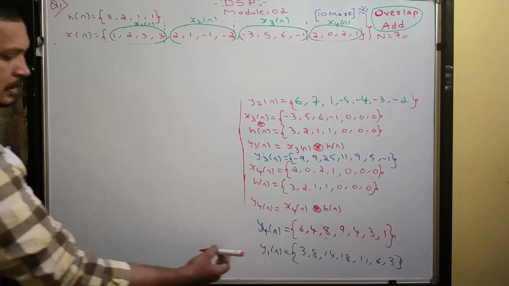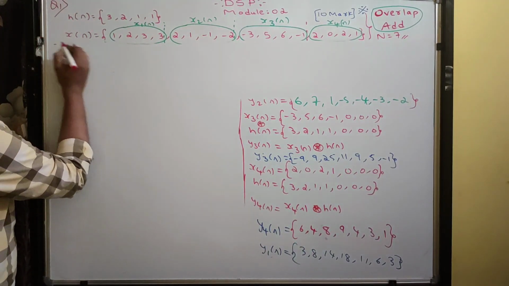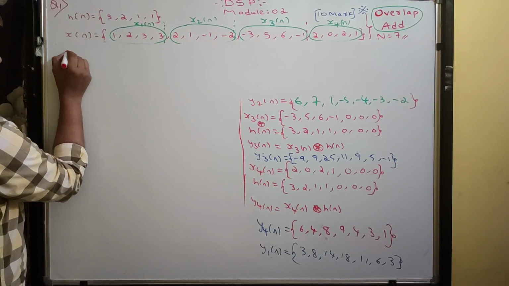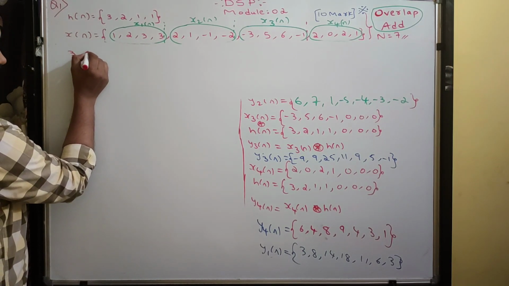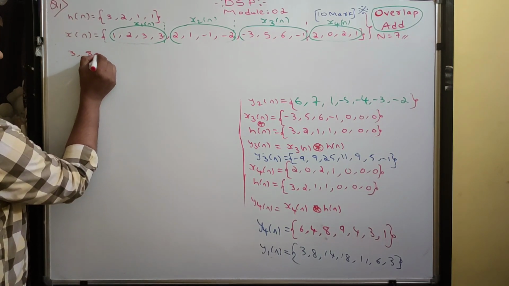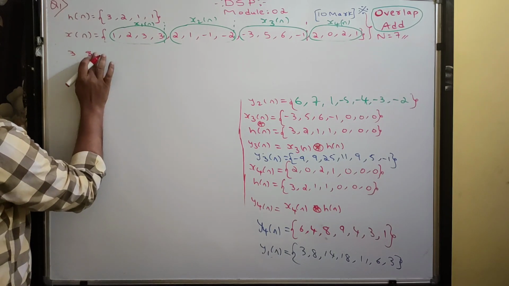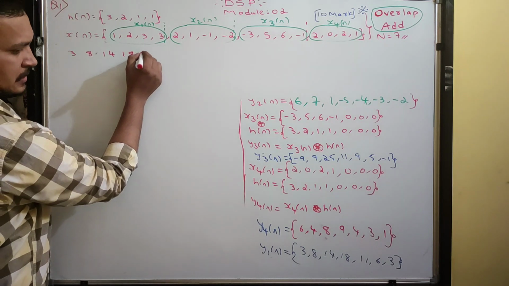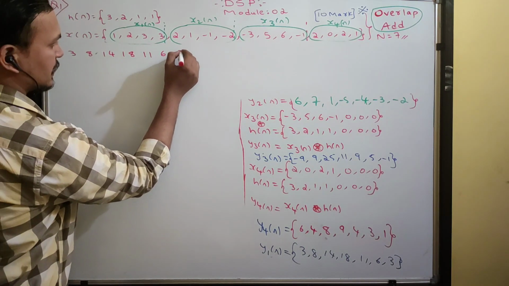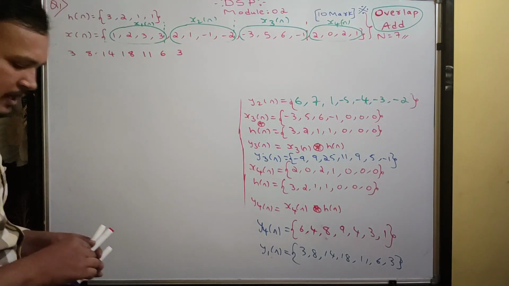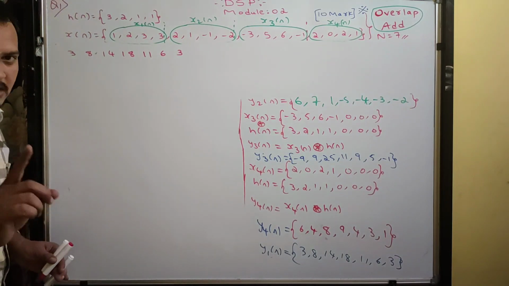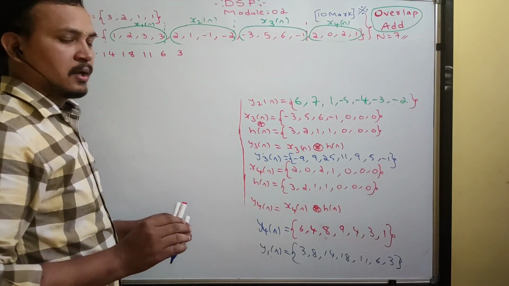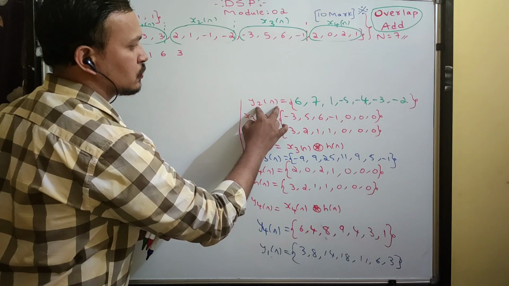See, first you write y1 of n output: 3, 8, 14, 18, 11, 6 and 3. Otherwise you write with some spacings. Next you write second output, y2 of n.